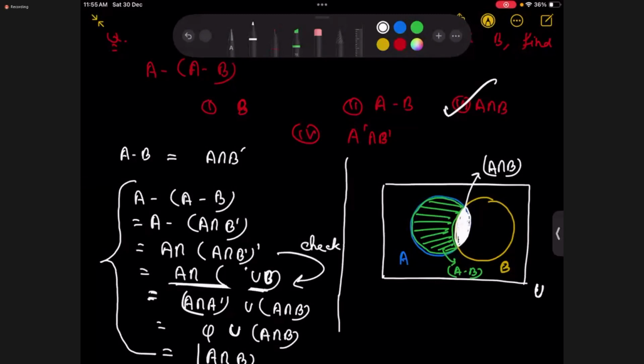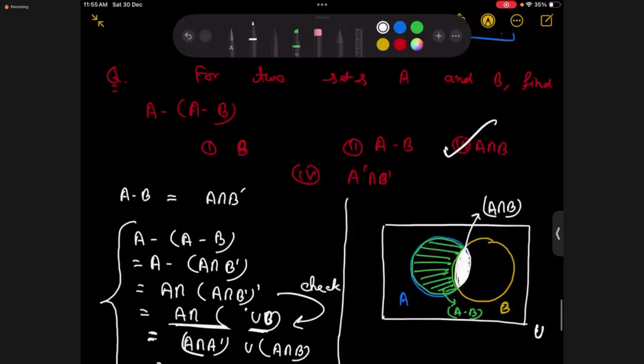It comes with your practice. With regular practice, it will be clear in your mind whether it is easy to use the Venn diagram or the formulas for the given question. So we have found the answer of this question is A intersection B. So A minus B equals A intersection B.